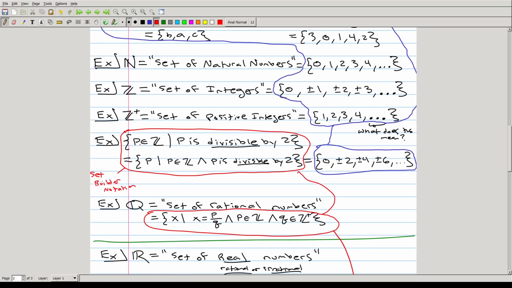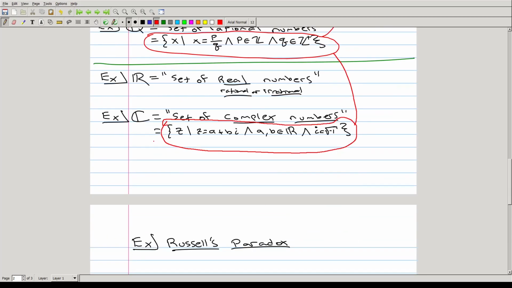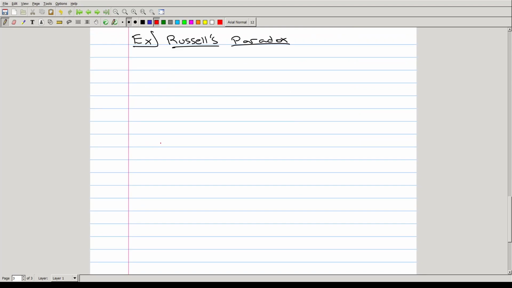You always have to talk about where you're pulling elements from in a given set. And this is an example of a set for which, if you're not careful, you can write down statements in naive set theory that don't make sense in actual axiomatic set theory.